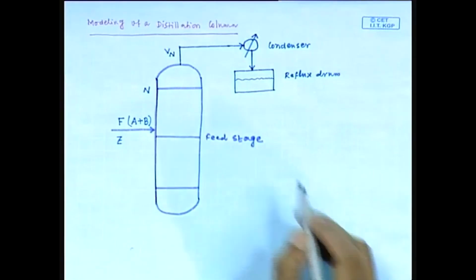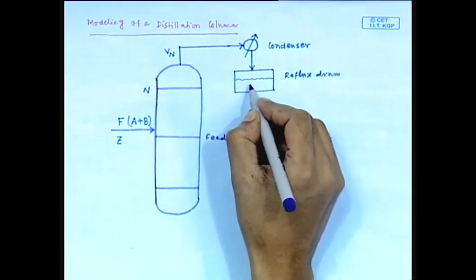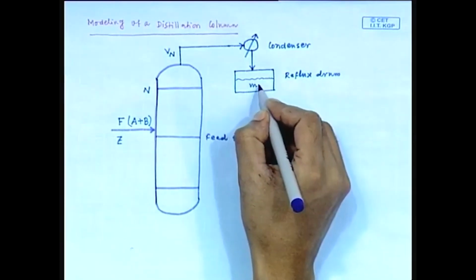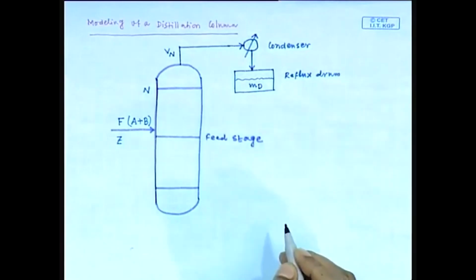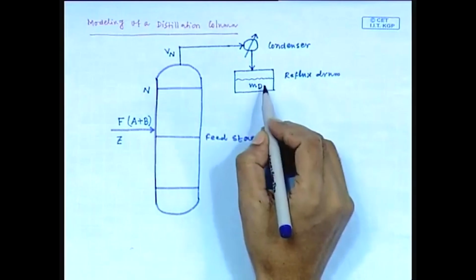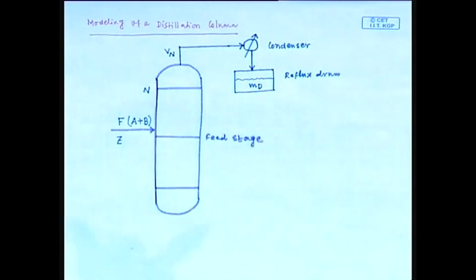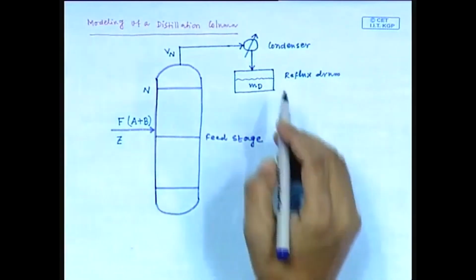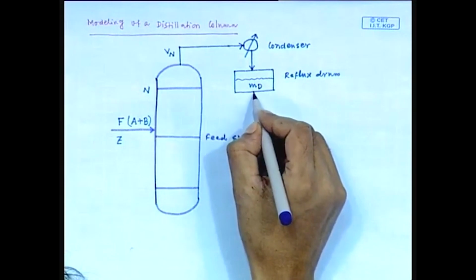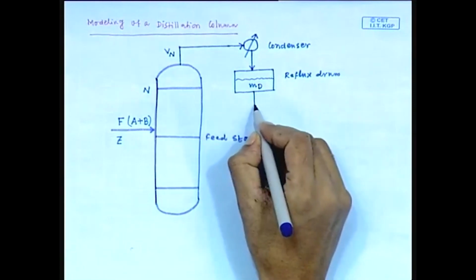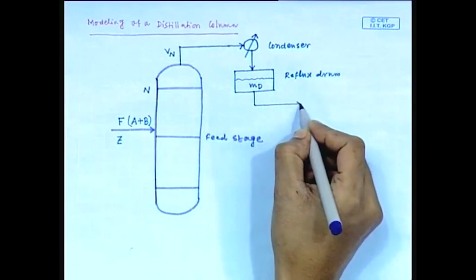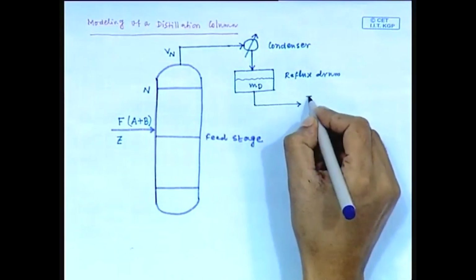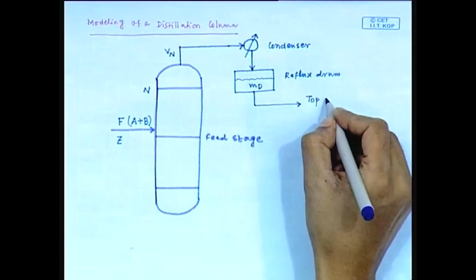Suppose the hold up of this condensed liquid in the reflux drum is MD. A part of this accumulated liquid is withdrawn as top product.